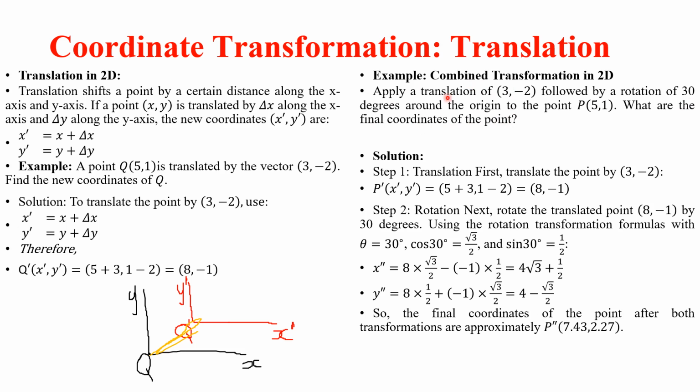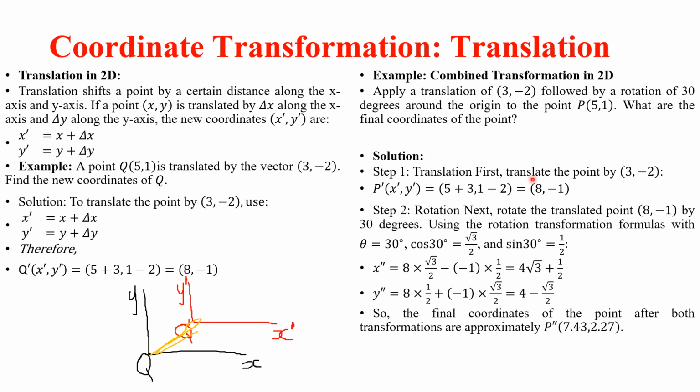The first transformation that occurred on this point was translation, followed by a rotation. So the first thing to do is to perform the translation operation on these points using this general equation.